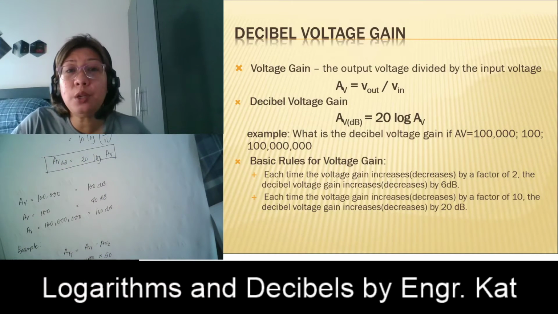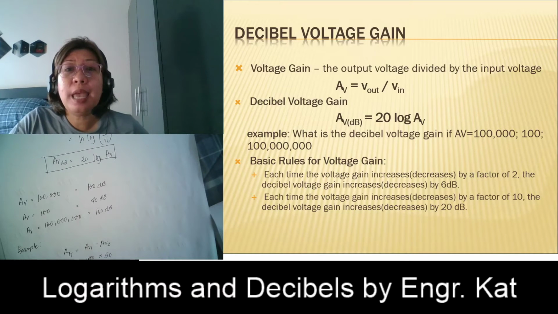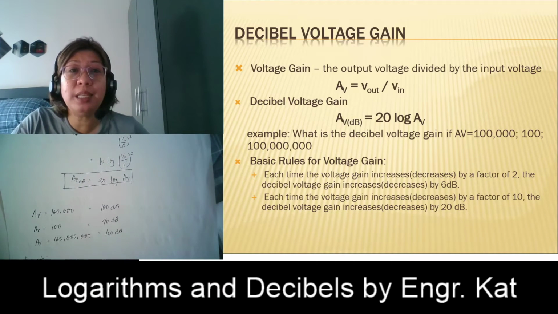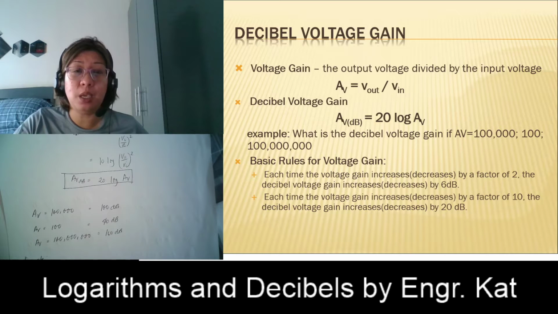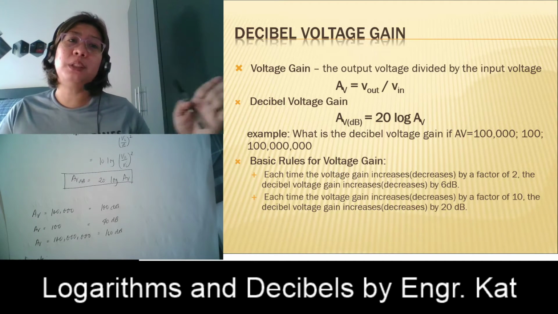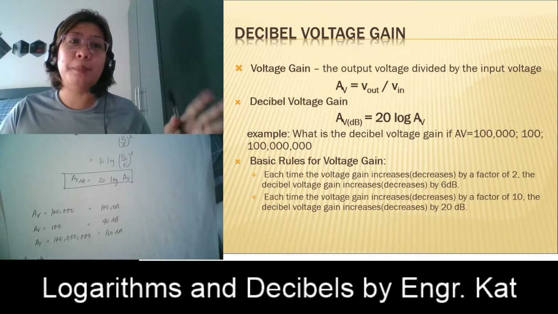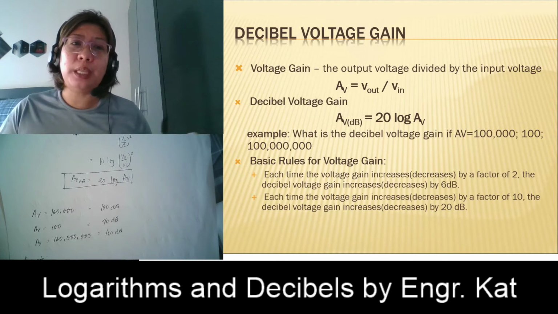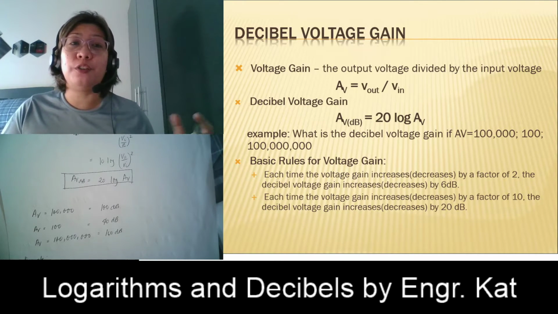So we have your basic rules for voltage gain. Every time the voltage gain increases or decreases by a factor of 2, it is increased or decreased by 6 dB. For power, it is 3 dB because we just multiply your logarithm equivalent by 10. This time for voltage, you have to add or subtract 6 dB, because we have 20 instead of 10.